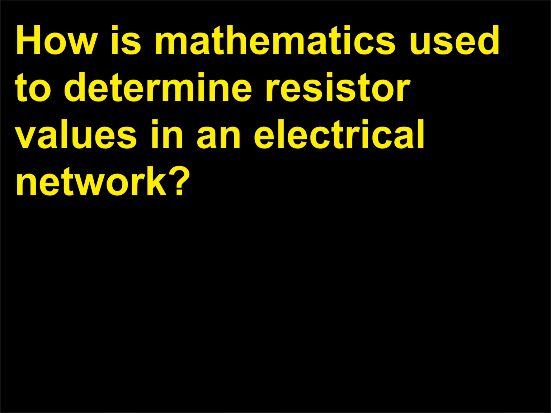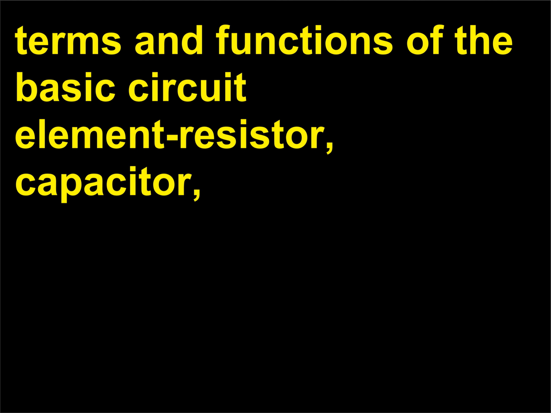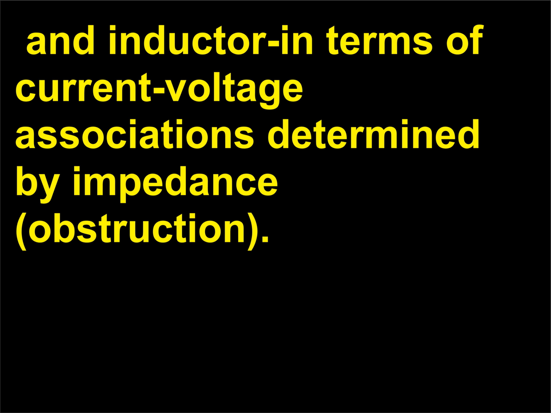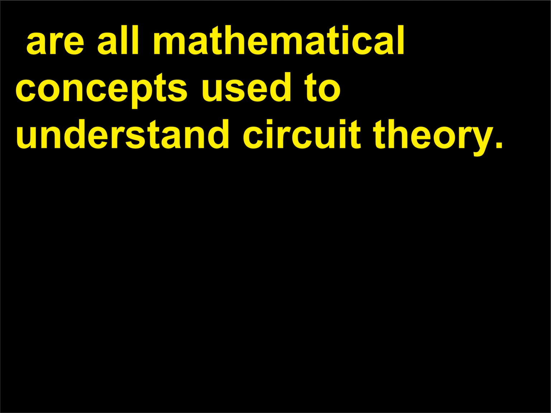How is mathematics used to determine resistor values in an electrical network? Electrical engineers who deal with systems and circuit theory need to know the terms and functions of the basic circuit element resistor, capacitor, and inductor in terms of current voltage associations determined by impedance, obstruction, complex numbers, calculus, and Laplace transforms, see above, are all mathematical concepts used to understand circuit theory.